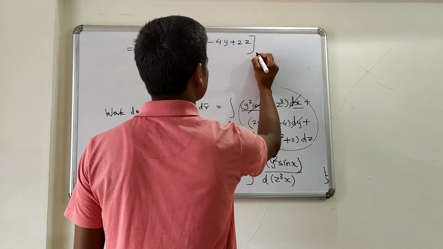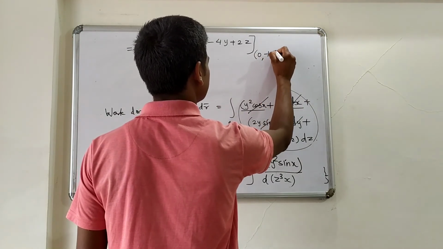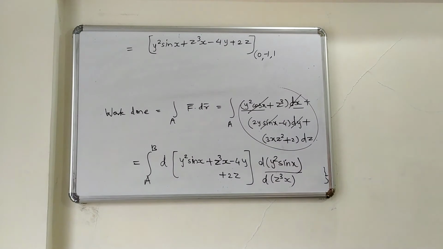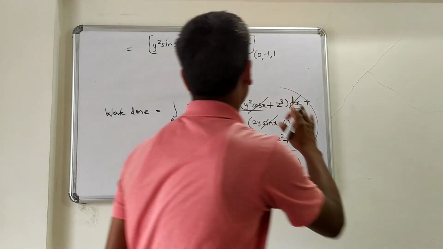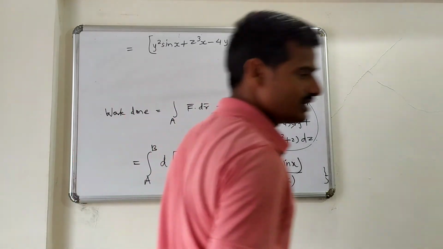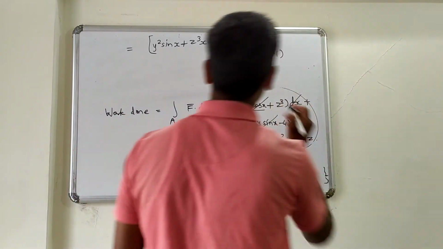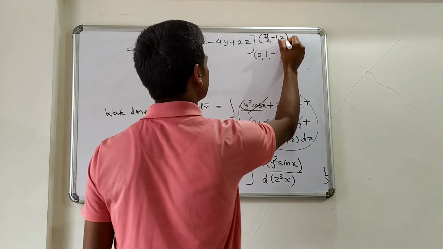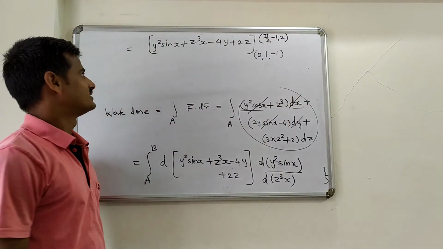A was 0, 1, minus 1. And what is b? B is pi by 2, minus 1, 2. It is given in the example.